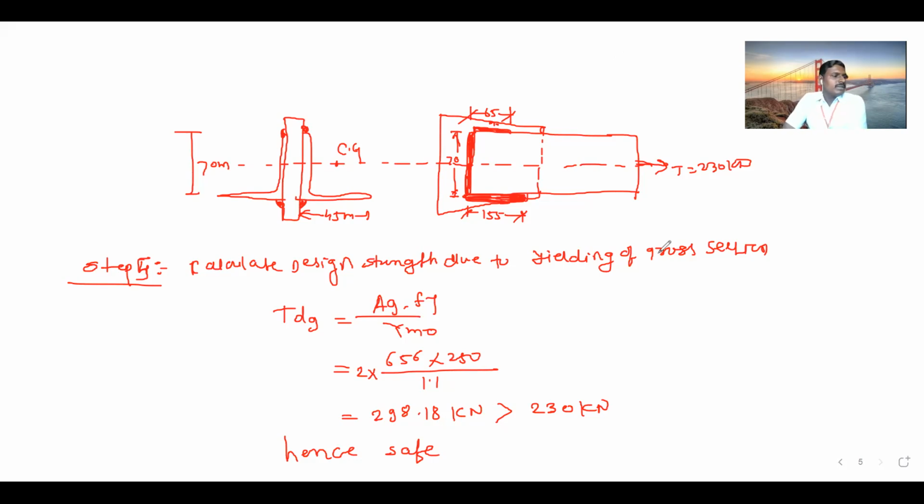Similarly, we have to now find the design strength due to rupture of critical section. So is this over? Yes, sir. Okay. So now move towards step number 6.